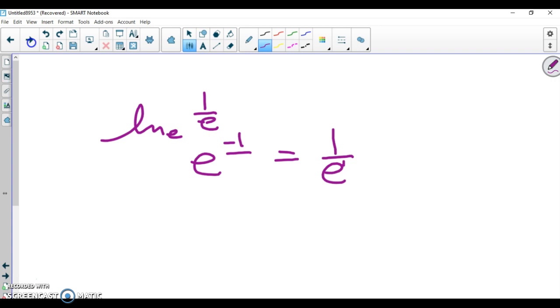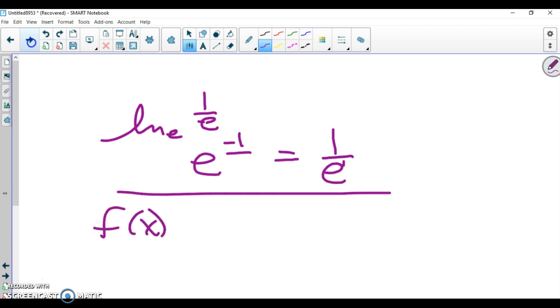Finding domain and range, or excuse me, finding the domains of log functions. Looking at example 9, it says find the domain of each function. First one being f of x equal to, this is the one we should have had earlier, ln of x minus 2.